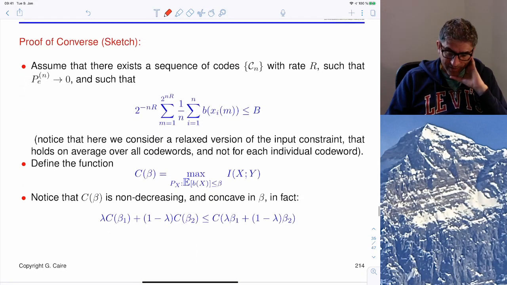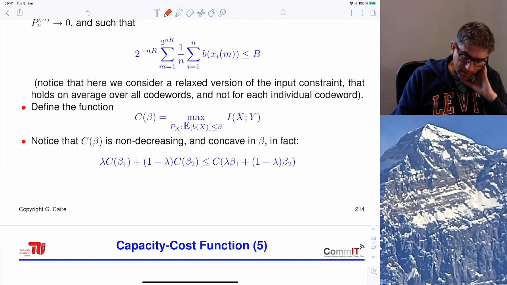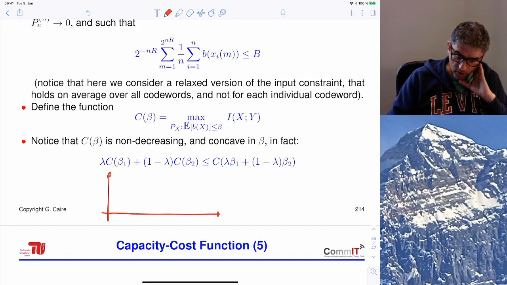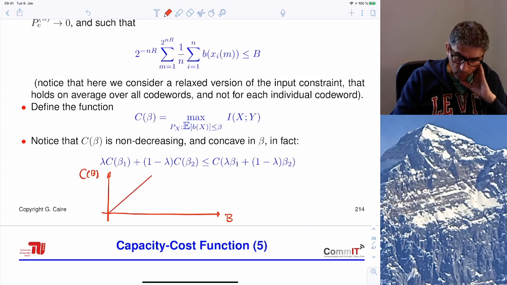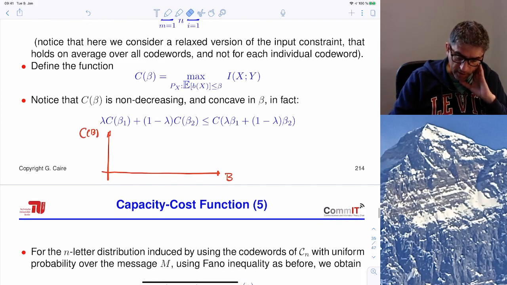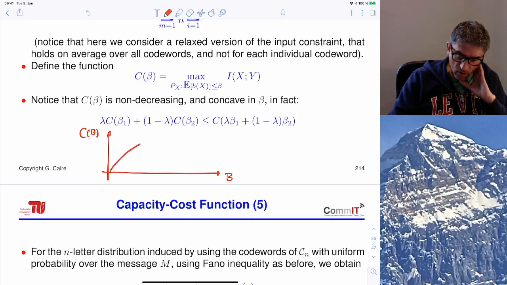For the converse, it is essential to prove a fundamental property of the capacity cost function. Seen as a function of the cost, if I plot the cost B here, and this is C of B, the capacity cost function is monotonically non-decreasing and concave.